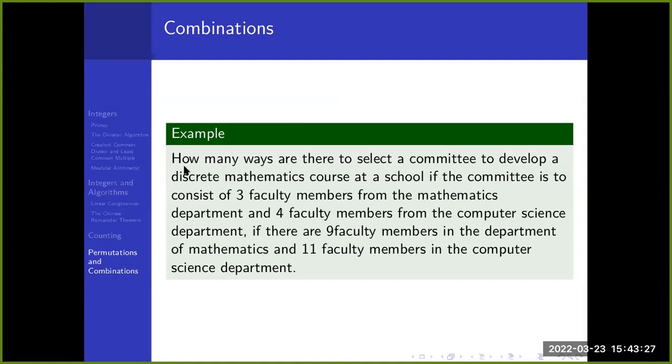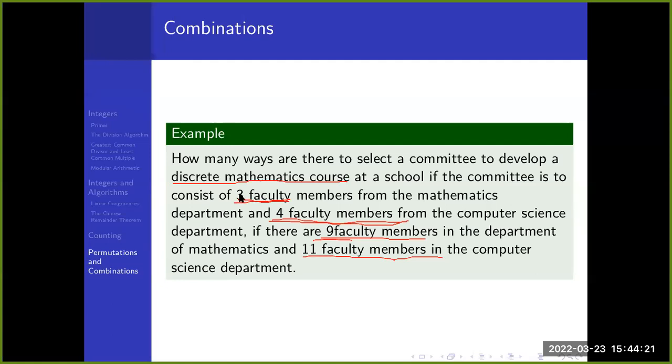So here is an example which we can do. It says, how many ways are there to select a committee to develop a discrete mathematics course at a school if the committee is to consist of 3 faculty members from mathematics and 4 faculty members from computer science, and we are told there are a total of 9 faculty members in mathematics and 11 faculty members in computer science.